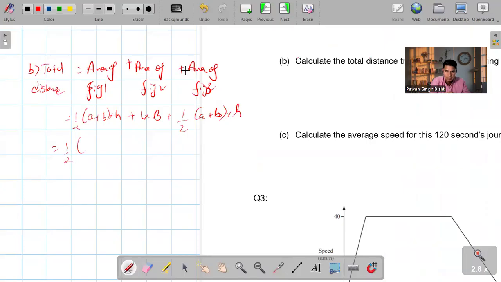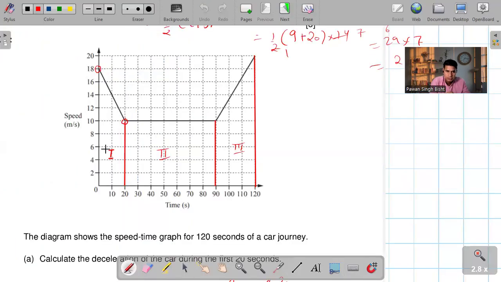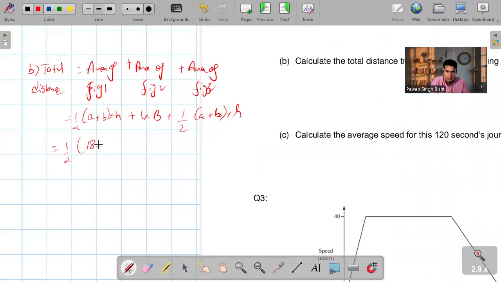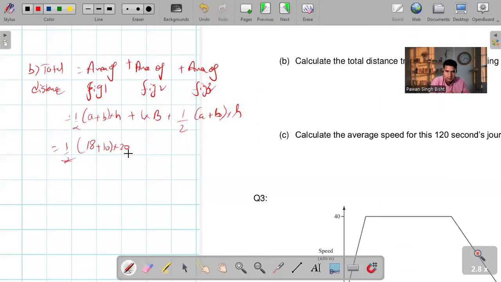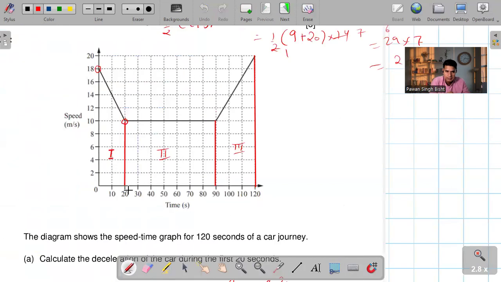So a is 18, b is 10, and height is 20. Half of 18 plus 10 times 20, plus length times breadth. Length is from 20 to 90, which is 70, and width is 10.